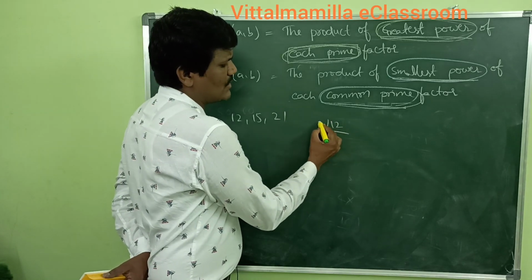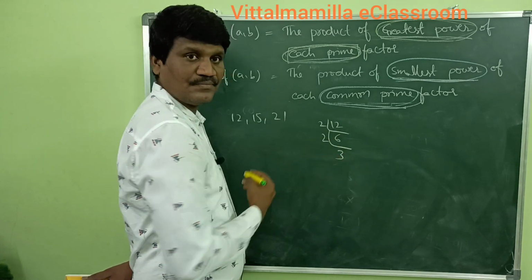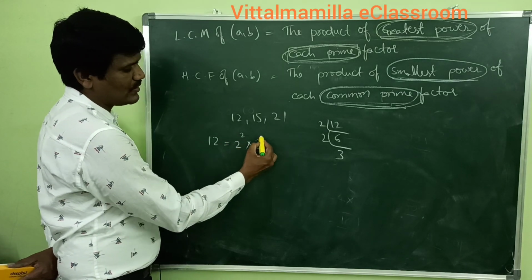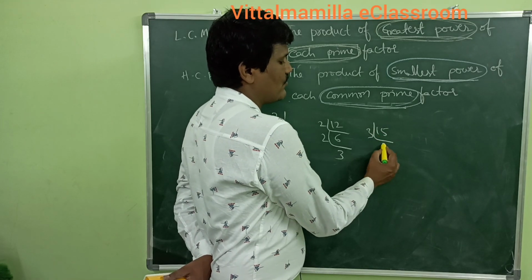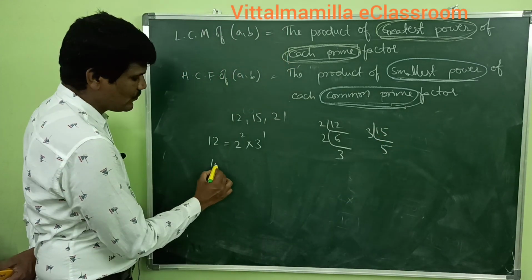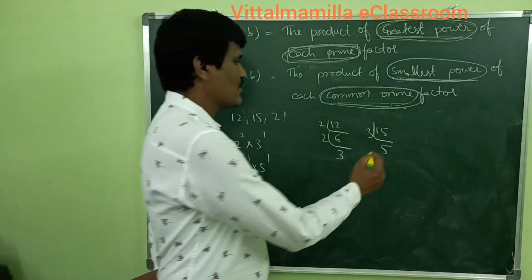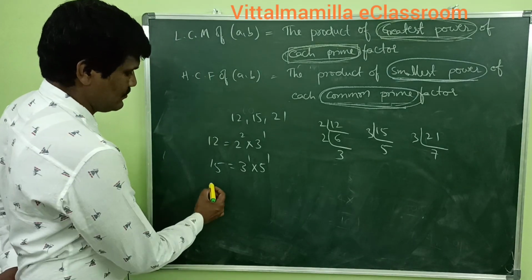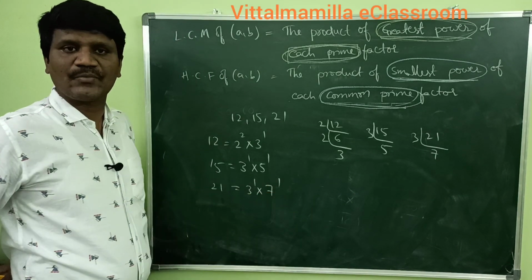So the same way, 12, you write the prime factorization, 2 threes. So 12 is equal to 2 square into 3 power 1. 15, 3 fives. So 15 I can write as 3 power 1 into 5 power 1. 21, I can write 3 sevens. So 21 is equal to 3 power 1 into 7 power 1.